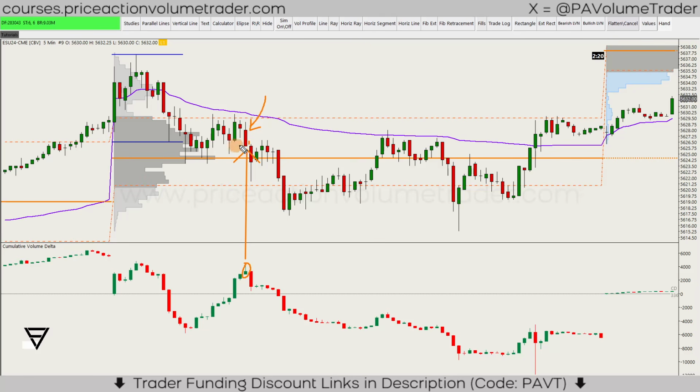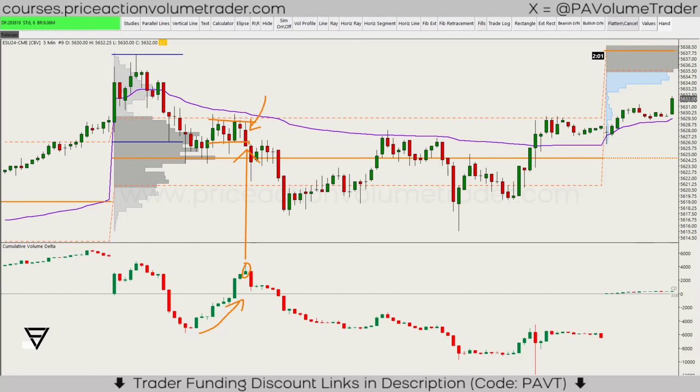There's not even a bottom wick because we closed right at the lows. So big red candle going down into this little consolidation, pushing and closing below. We have a lot of aggressive buying that's being absorbed in this area.